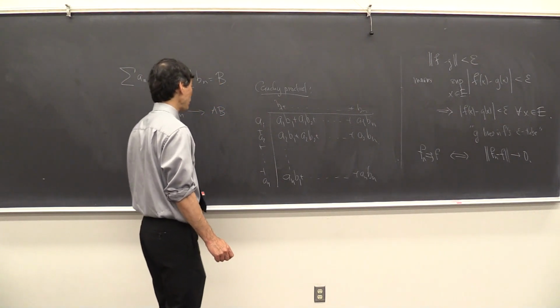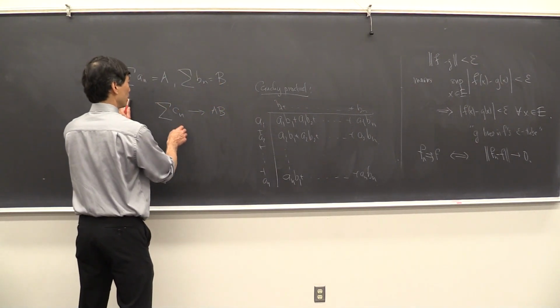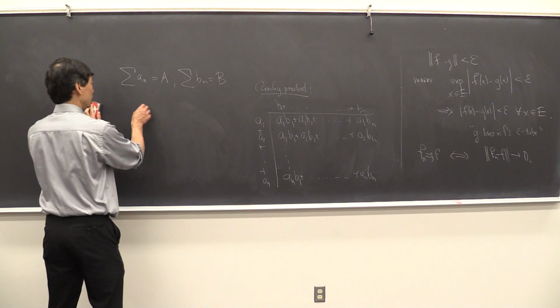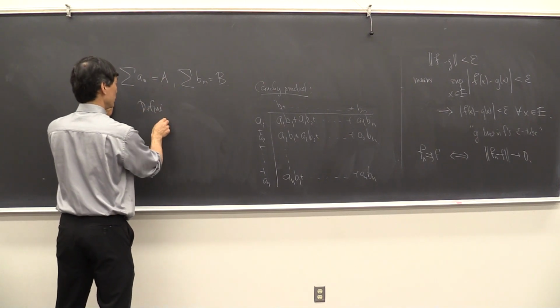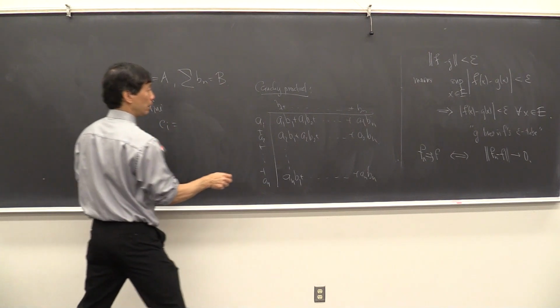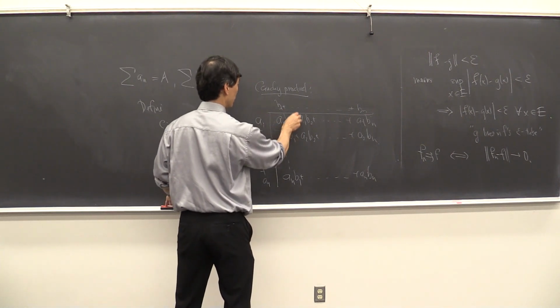And so Cauchy's idea, the Cauchy product, is to define Ck to be the sum along the diagonal.